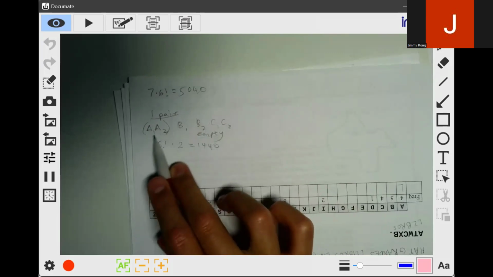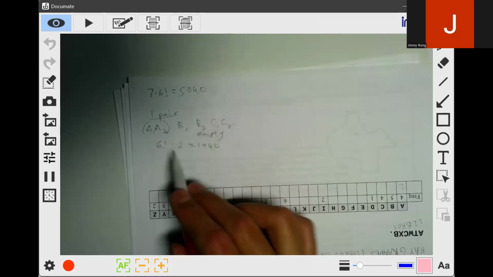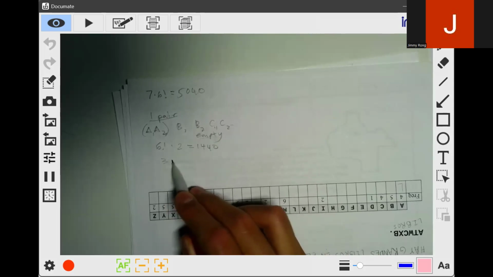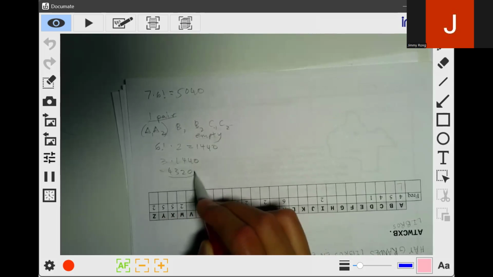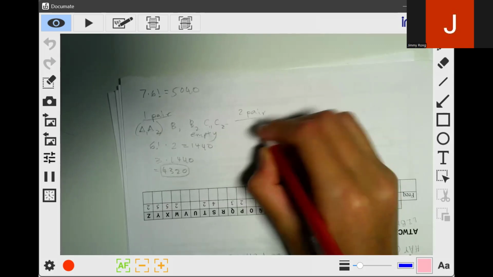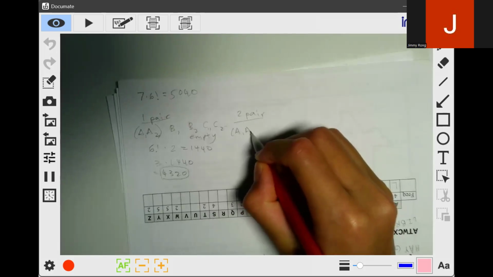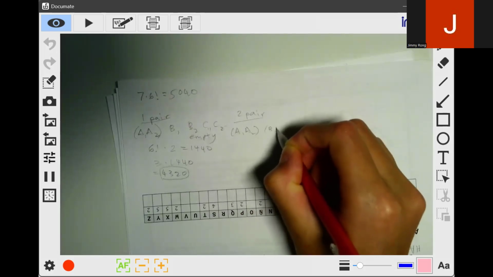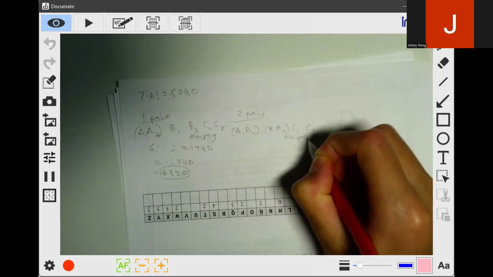And this is 1440. And this applies if B1 and B2 are together, and it applies if C1 and C2 are together. So we actually have to multiply 3 times this. So that's 4,320. Now we have to subtract the cases where 2 pairs are together. So without loss of generality, assume A1, A2 are together, B1, B2 are together, and then we have C1, C2, and the empty chair.